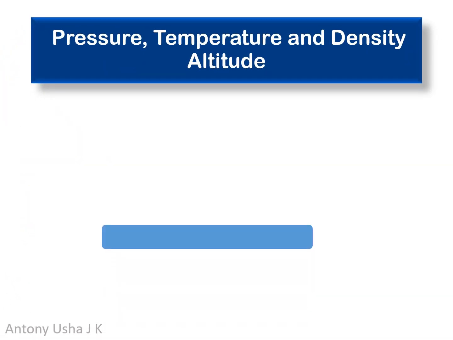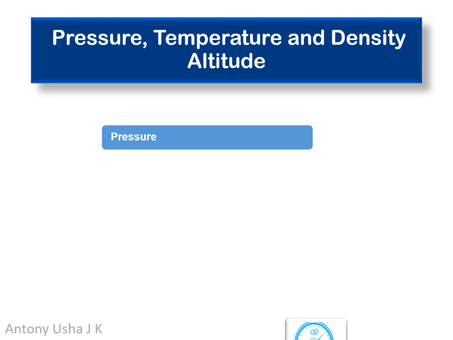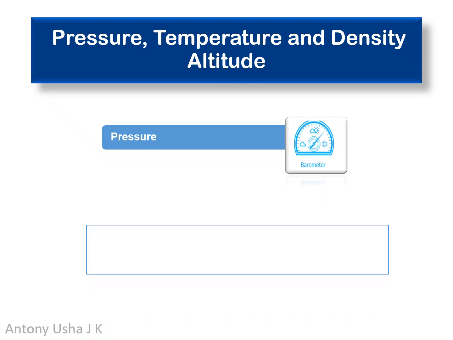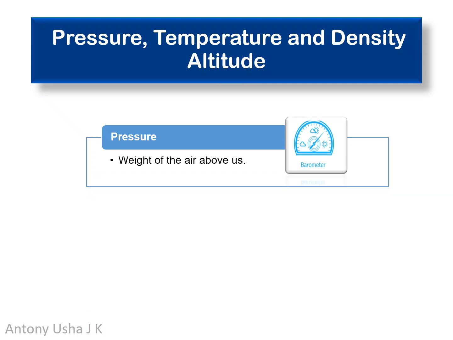Pressure, temperature, and density altitude. First, pressure. This is simply the weight of the column of air above us. As you climb higher, there is less air above, so pressure decreases. Next, temperature. This is a familiar measure of how hot or cold the air is.